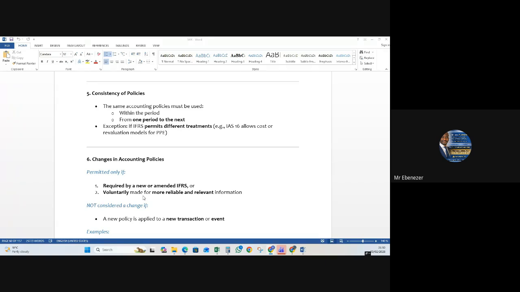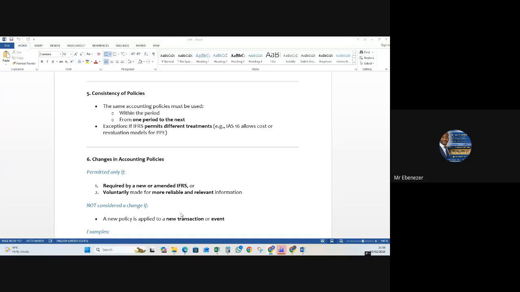Also, it is permitted if voluntarily made for more reliable information. If there is a standard that, if you use it, will affect your financial statement adversely, you are not expected to use such a standard. Do you understand? You are not expected to use such a standard if it will have an adverse effect on your financial statement. All right, that's it.